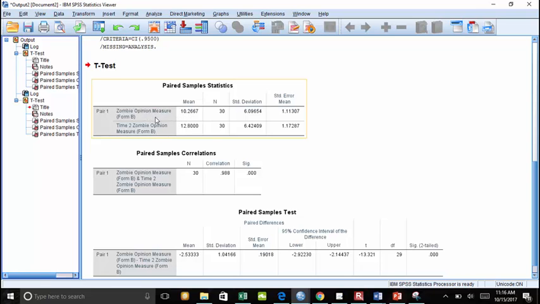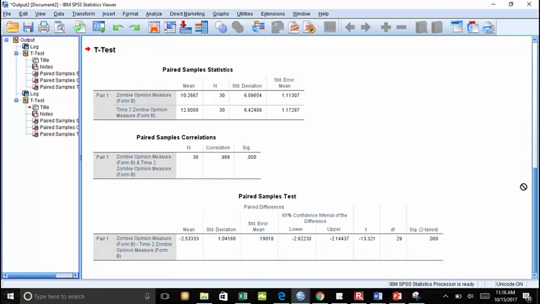Before the sensitivity training, the mean was 10.267, and after 12.80, we still have 30 participants in each group. What changes here is your mean difference score is now negative instead of positive, and your T is negative instead of positive. What this is saying is that scores before were less, right, it's negative, than scores after.